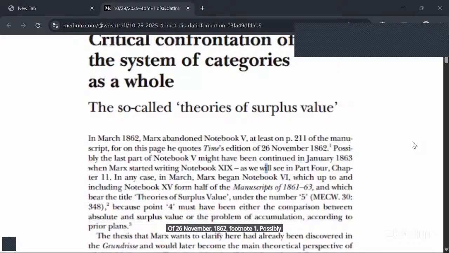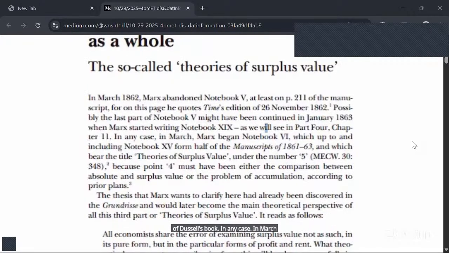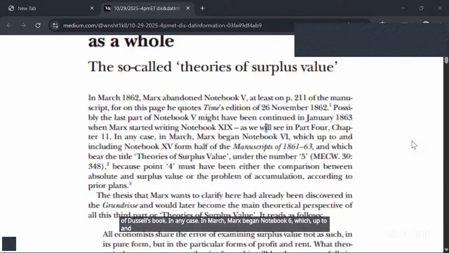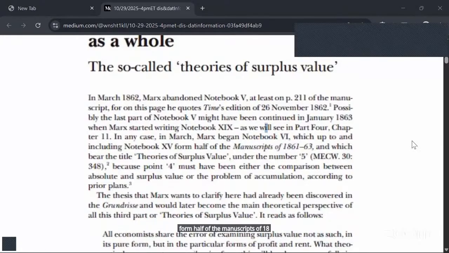Possibly the last part of notebook 5 might have been continued in January 1863, when Marx started writing notebook 19, as we will see in part 4, chapter 11 of Dussel's book. In any case, in March, Marx began notebook 6, which up to and including notebook 15 form half of the manuscripts of 1861 to 63, and which bear the title Theories of Surplus Value under the number 5.